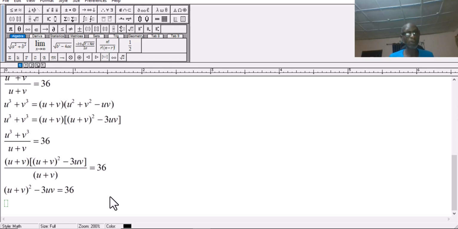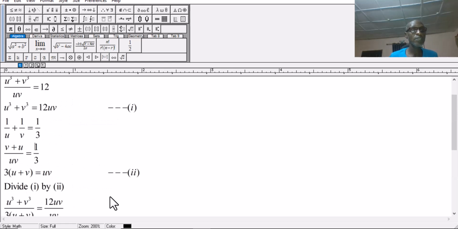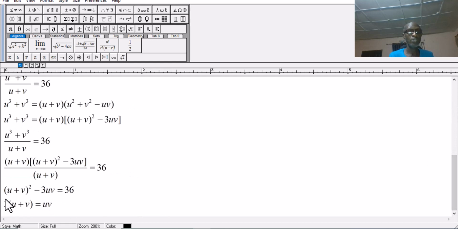But remember from our original equation, 3 into u plus v is equal to uv. Remember this, from 2.